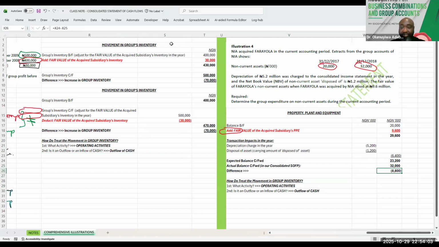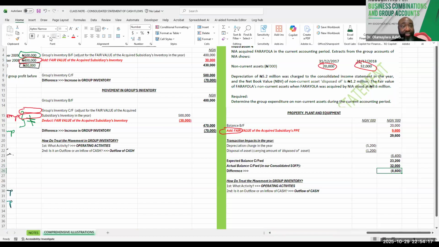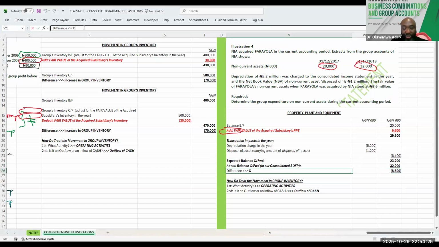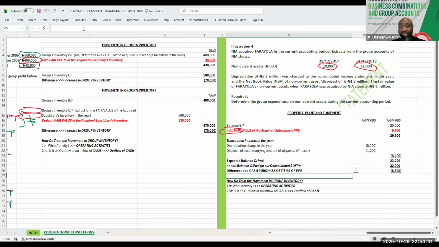What does that mean? It means that our carrying amount supposed to be 23,200, but what we have is 32. What does that signify? It signifies that we have probably acquired additional assets for cash. And therefore, that difference will be attributed to cash purchase of items of property, plant, and what?